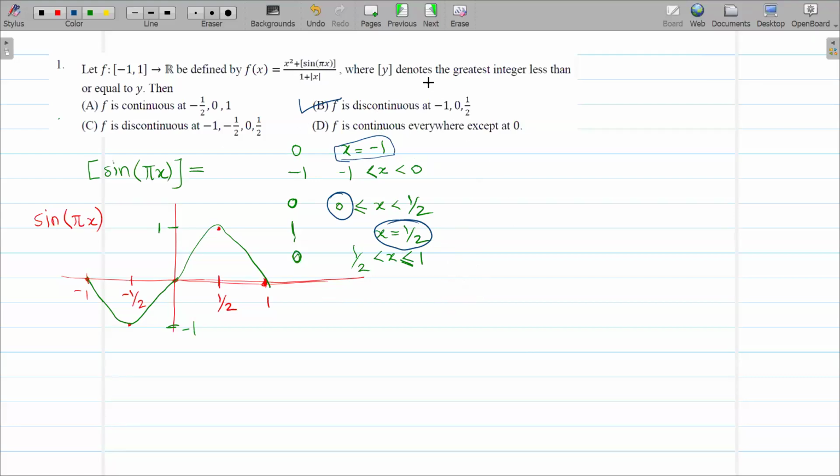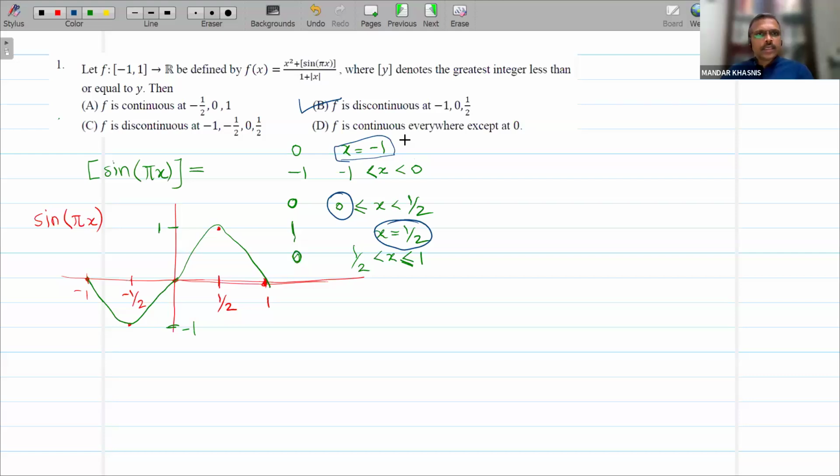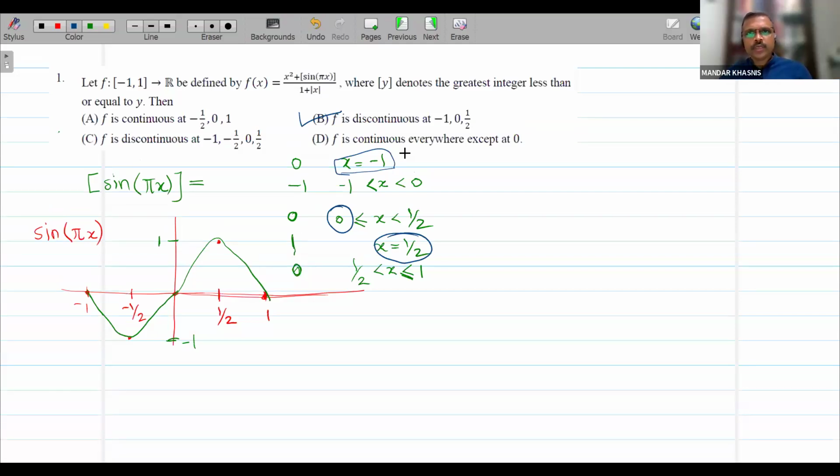Shall we move ahead quickly? Yes. So we can look at the second one.